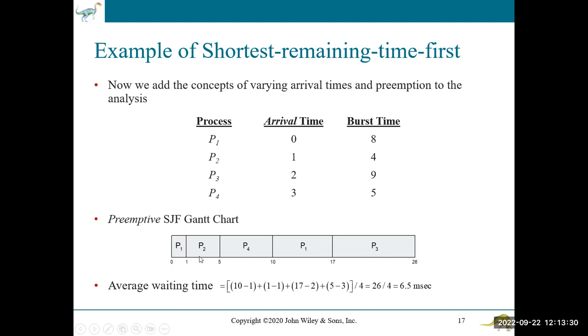If I'm looking 2, 4, is it just me or am I seeing 1 again? So burst time and arrival time.